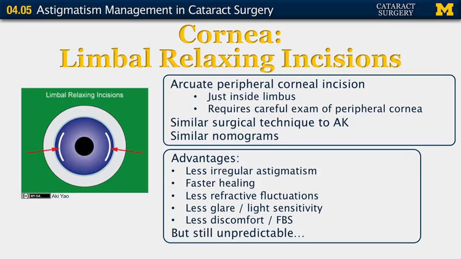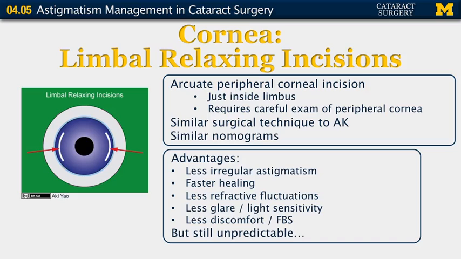Limbal relaxing incisions are another surgical intervention that can be used to help correct corneal astigmatism. They're similar to AK cuts, but they are arcuate peripheral corneal incisions that are just inside of the limbus, so not in the mid-periphery of the cornea. Performing these requires a careful preoperative examination of the peripheral cornea to make sure that you know what you're getting into.